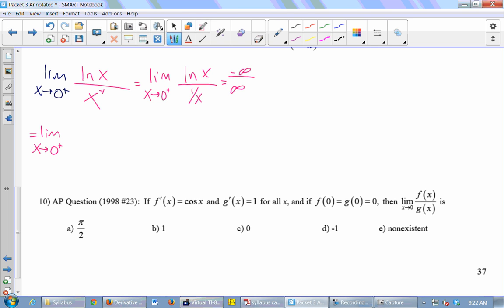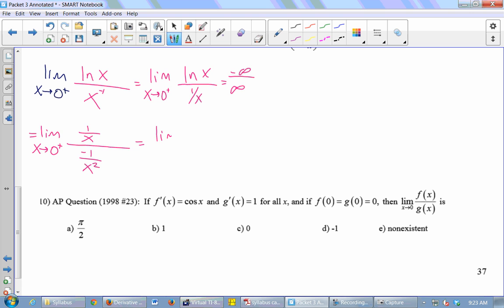Okay, so I take the derivative of my numerator, which is 1 over x, the derivative of my denominator, which is negative 1 over x squared. Still infinity over infinity, but I can simplify that expression a lot.